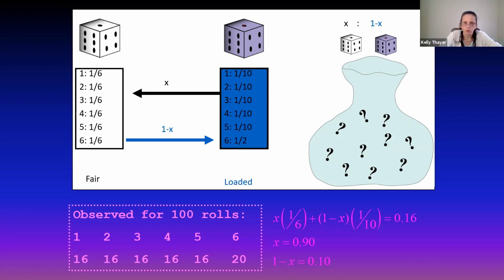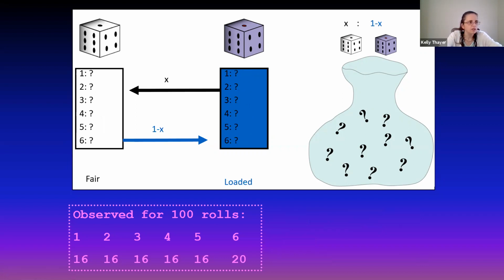So if we don't know the mix in the bag, we can solve that problem by doing this setup as shown here. However, what if we also do not know what the probabilities of the dice are ahead of time? This is a much more difficult situation, and we can see that we would now have more than one unknown.